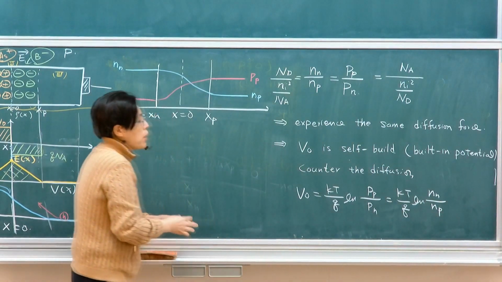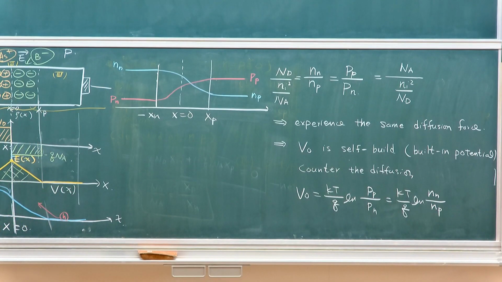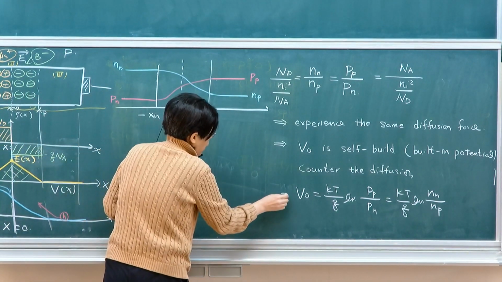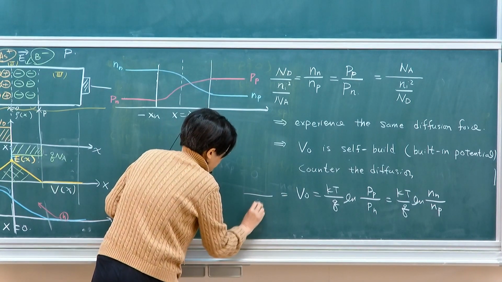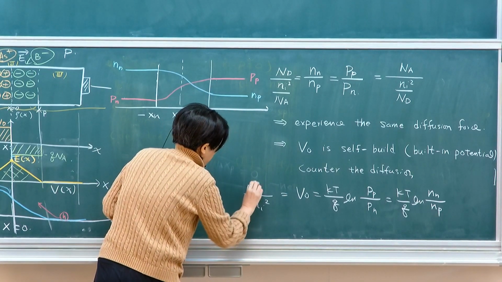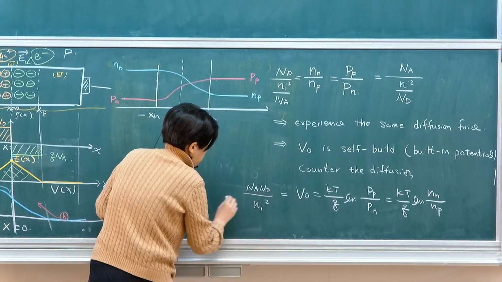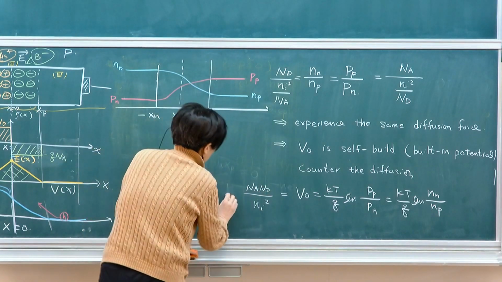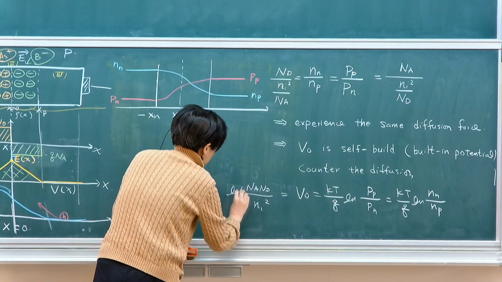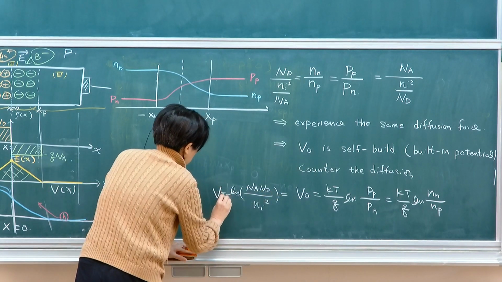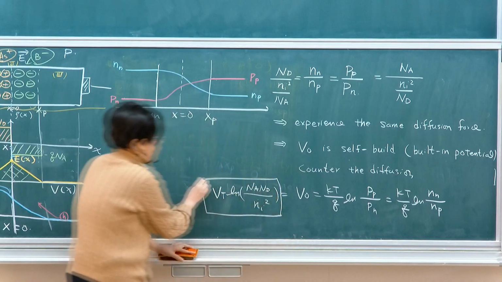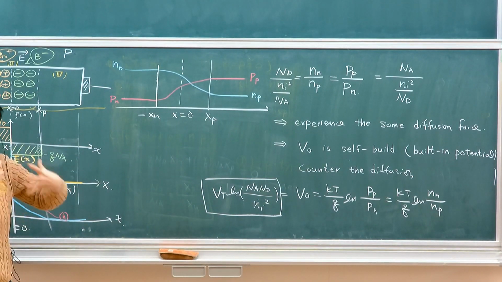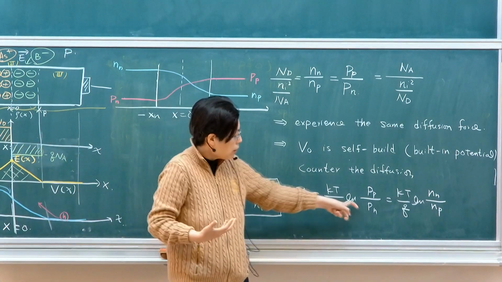Finally, because we typically want to refer to the doping concentration on both sides, it becomes ni squared over NA ND, inside a natural log. But if you want to capture the essence, it is actually this.